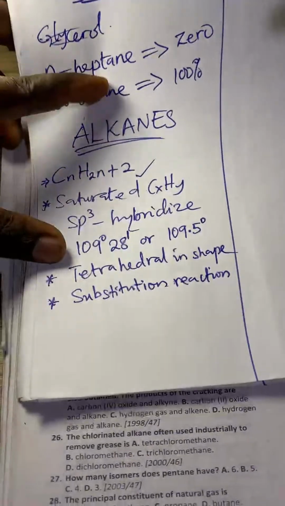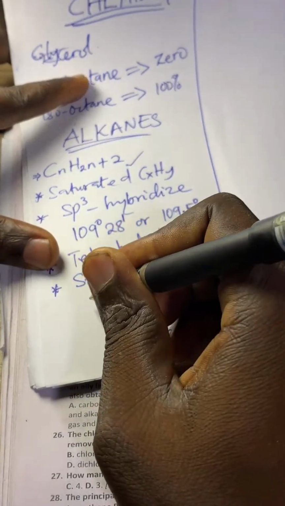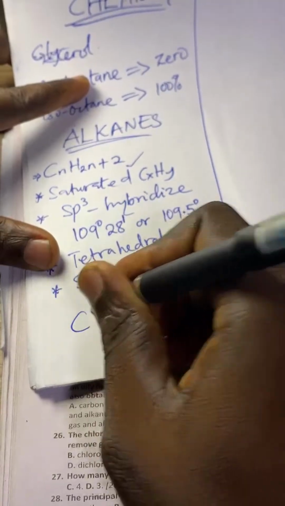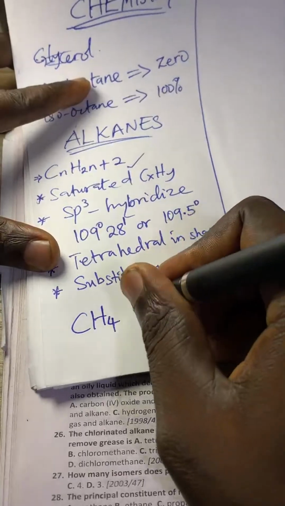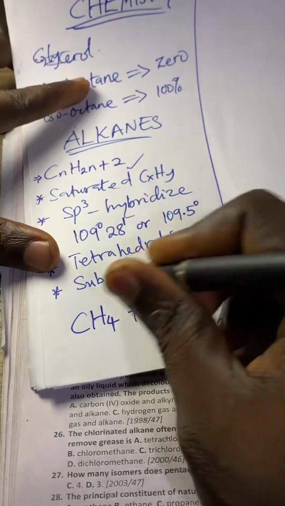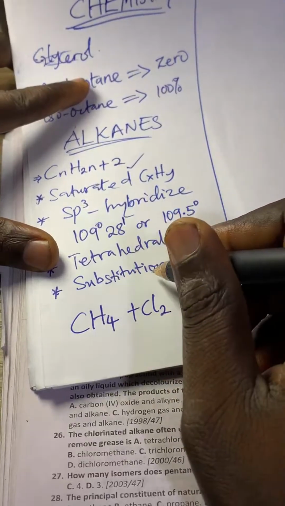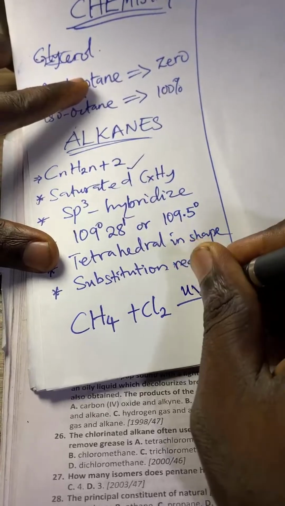Now, we are going to deliberate on this substitution reaction. Alkane undergoes this reaction with, the first member which we call CH4, that is methane, reacting with chlorine. Don't forget, this reaction is a photo-dependent reaction. It cannot occur in the dark. It must be in the presence of light, most especially UV.